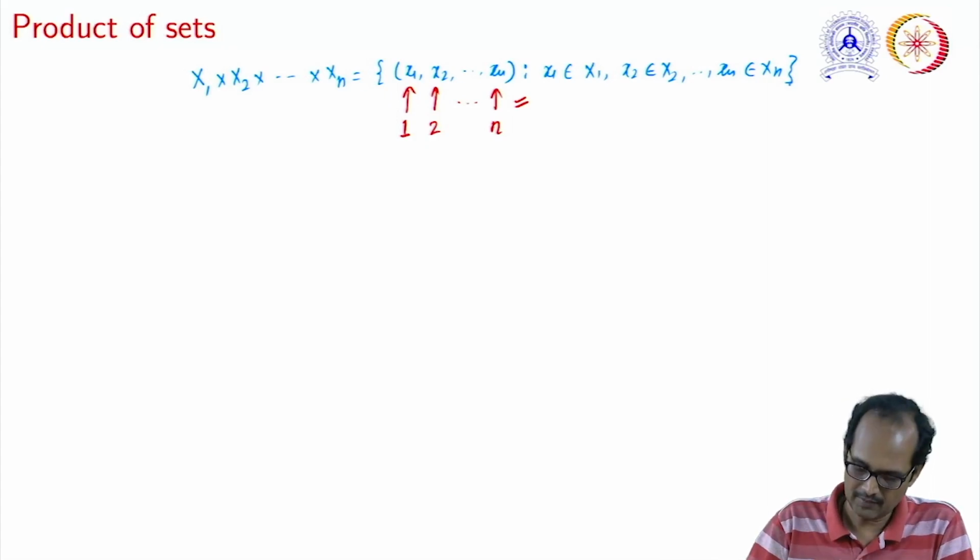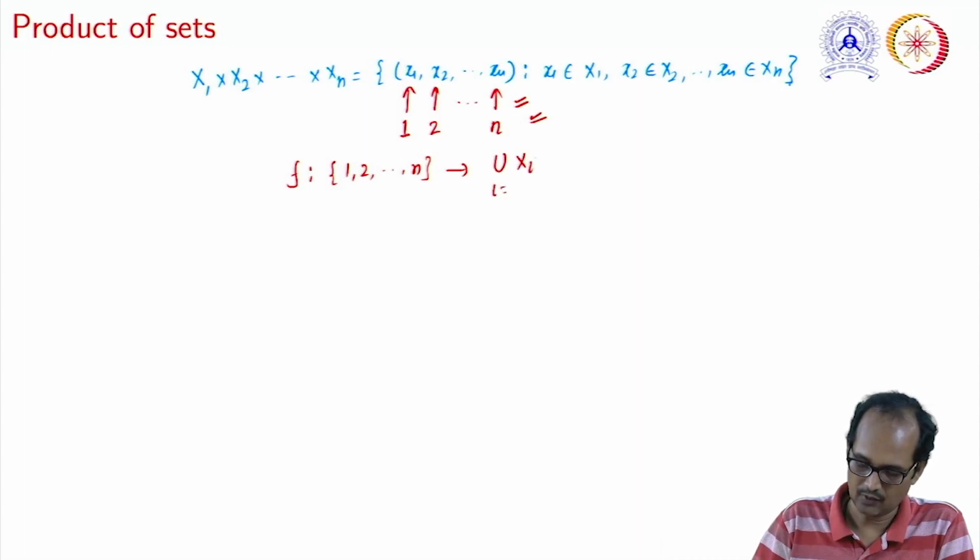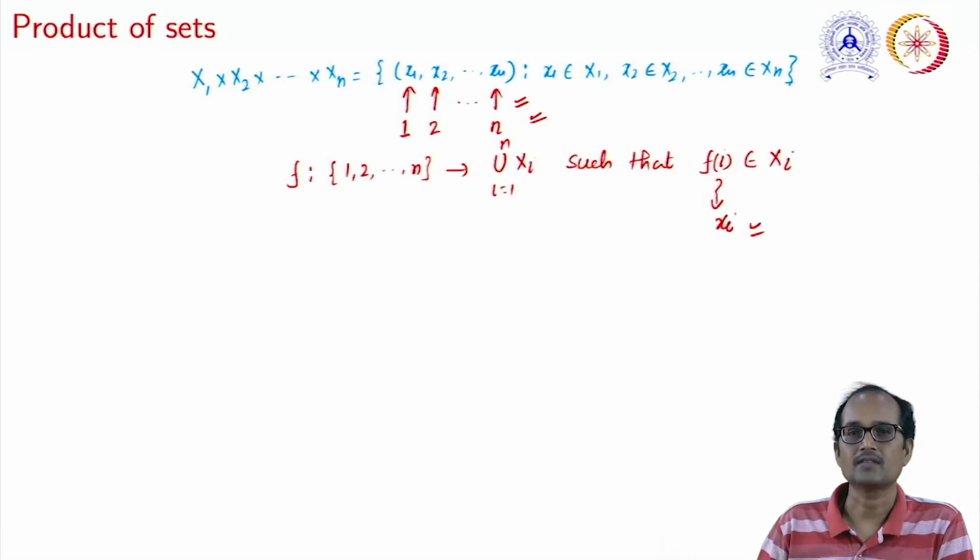Now this element of this Cartesian product can be visualized as a map f from the set {1, 2, up to n} to the union of these Xi's, i from 1 to n, such that f(i) belongs to Xi, and by notation this f(i) is denoted as xi.